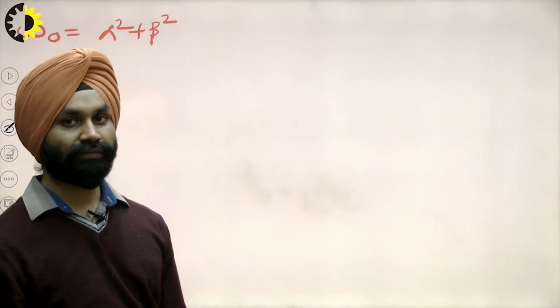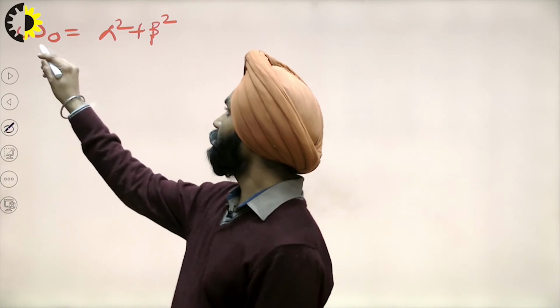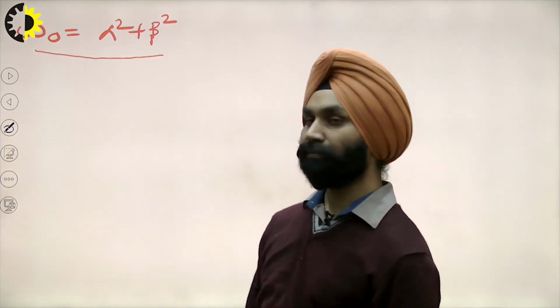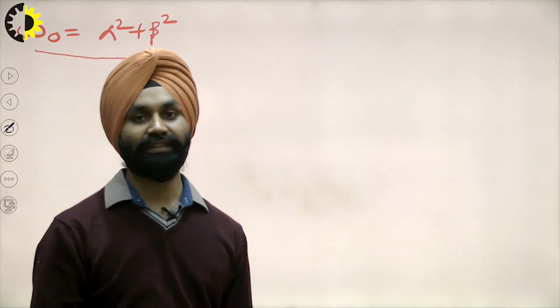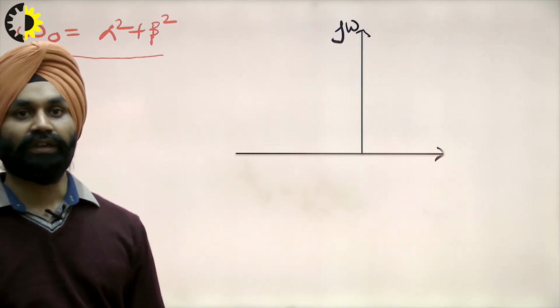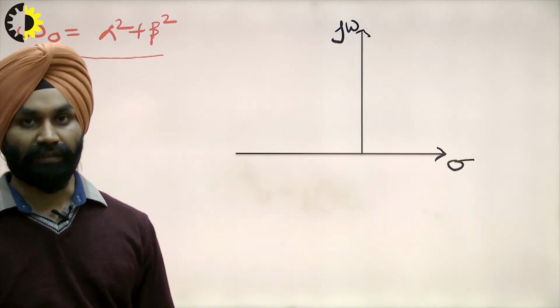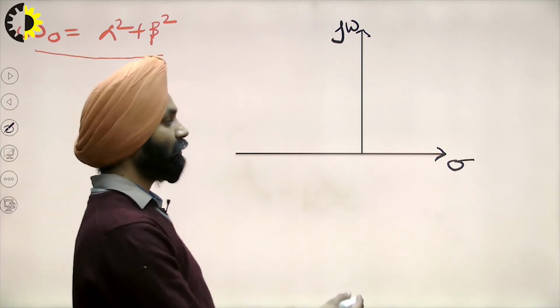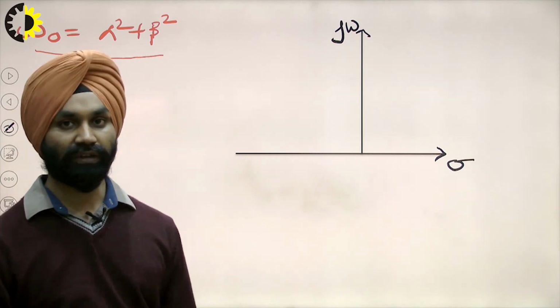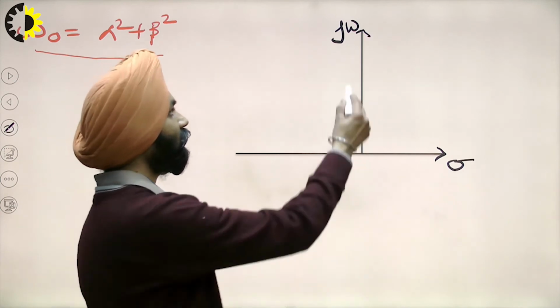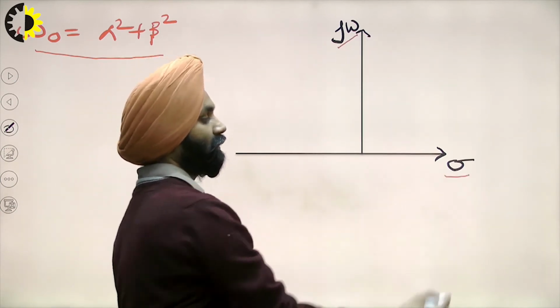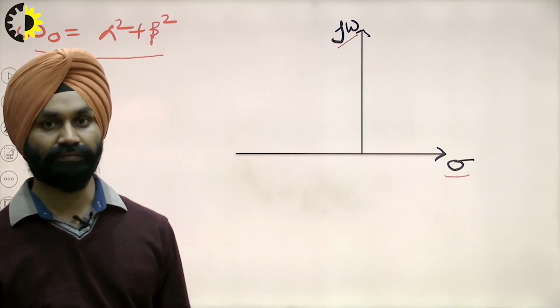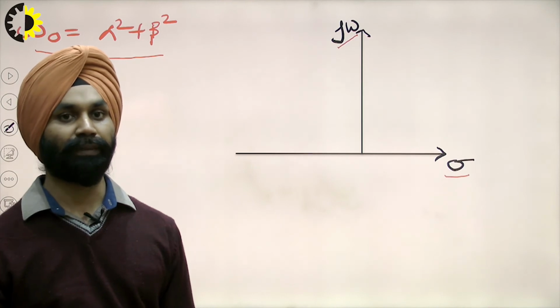So, we have seen that omega naught square is equal to alpha square plus beta square. This is the equation of a circle. If we want to draw it, because all things are in the s plane, we draw it in the j omega and sigma plane.